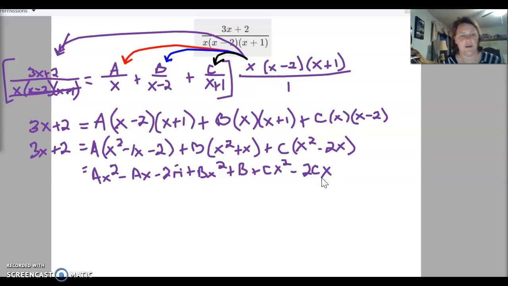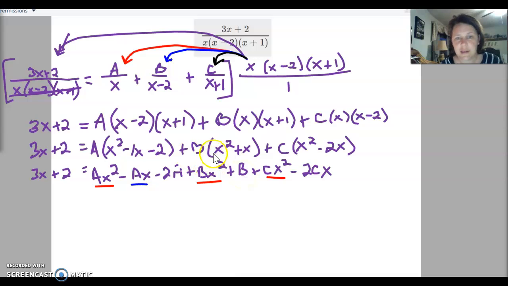All right, now let's keep bringing down this left-hand side with us. So now the whole purpose in this now is to combine my like terms. So I've got an x squared term here, here, and here. I've got x terms here. Ooh, I forgot an x there, didn't I?